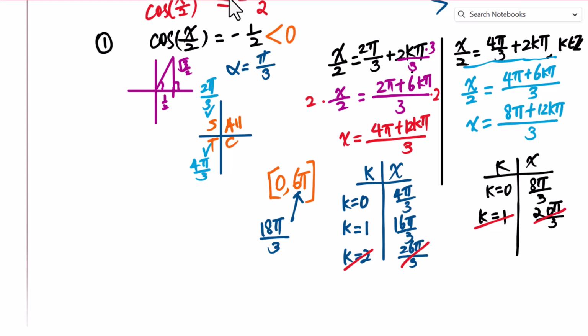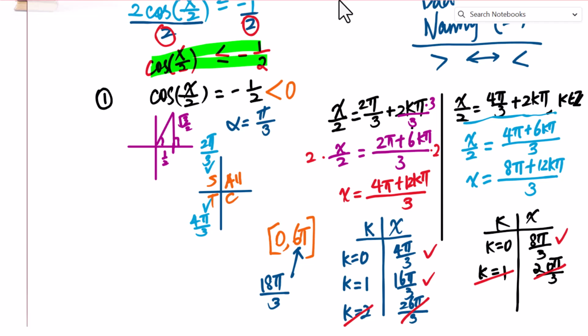So we found 3 solutions to this equation. Second step, we need to sketch the graph y equals cosine x over 2 and y equals -1/2. Then we can solve these inequalities.